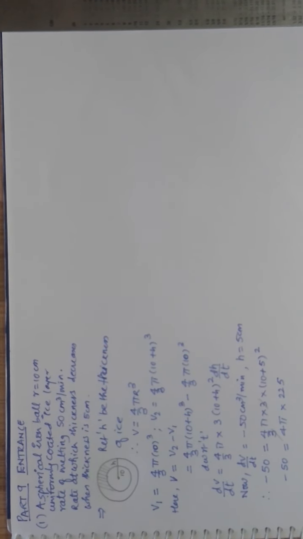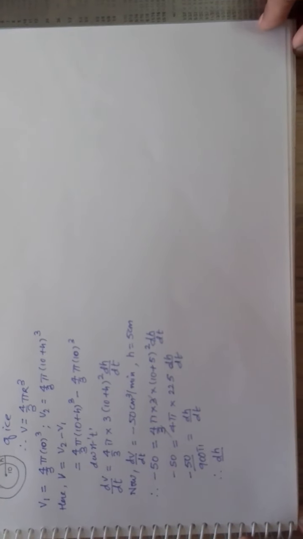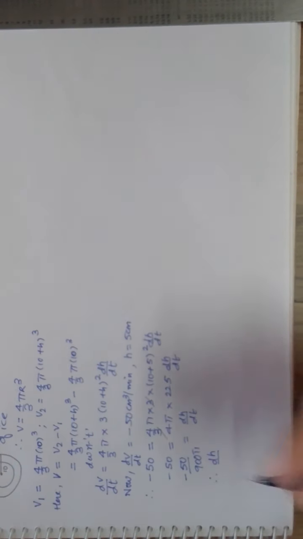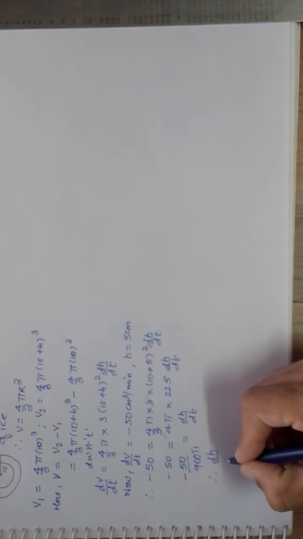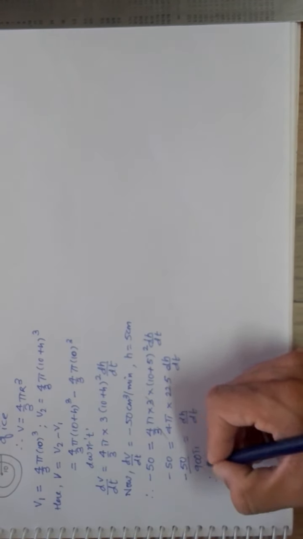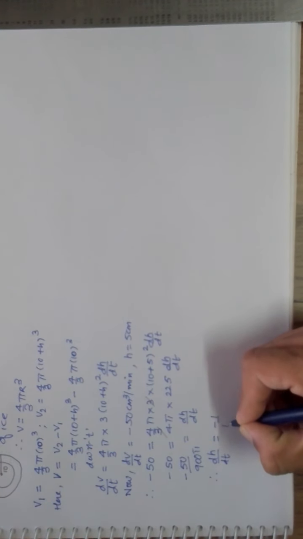Now 225 into 4 will be 900, so dh by dt is equal to minus 1 by 18 pi.